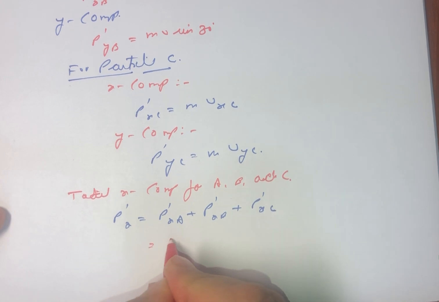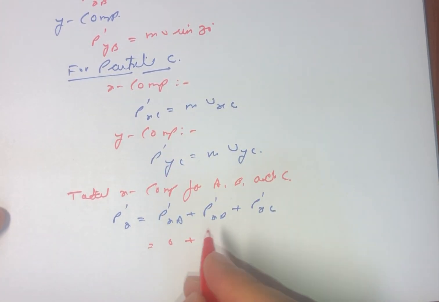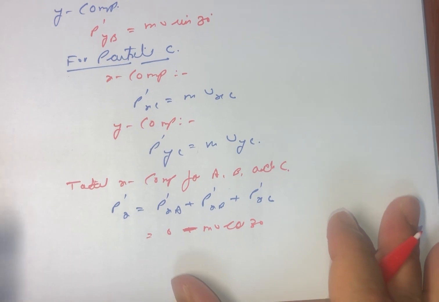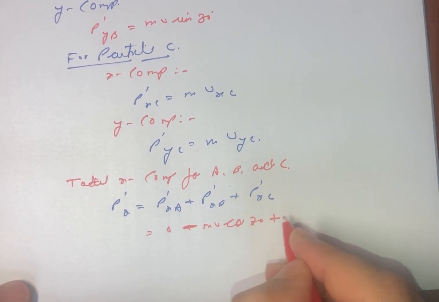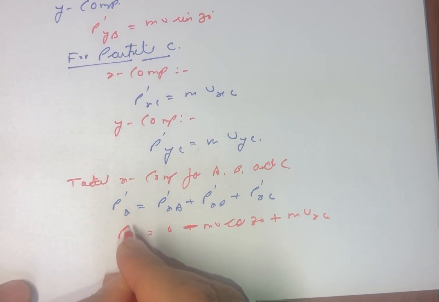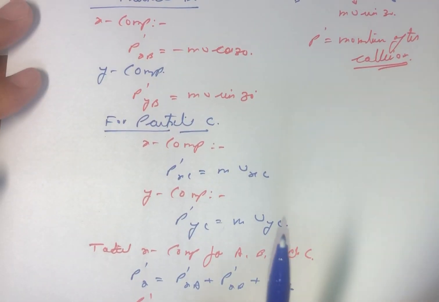P prime xa is 0 and xb is our minus mv cos of 30, and for xc it is mvxc. This is the x component, and similarly we can write it for the y component also.